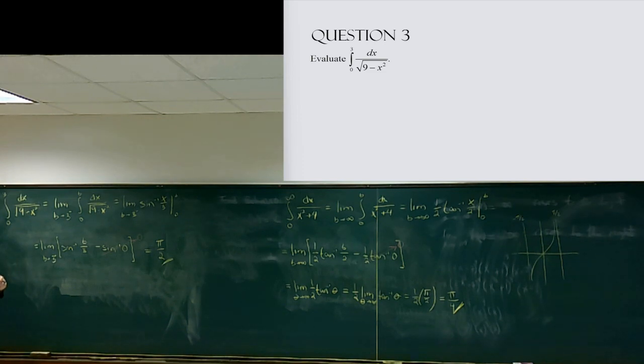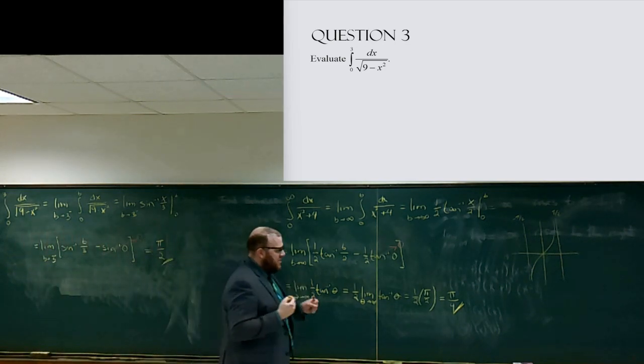The area was not infinite, it converged. In this case, we have an asymptote. And the area wound up being finite. Let's actually look at that one.